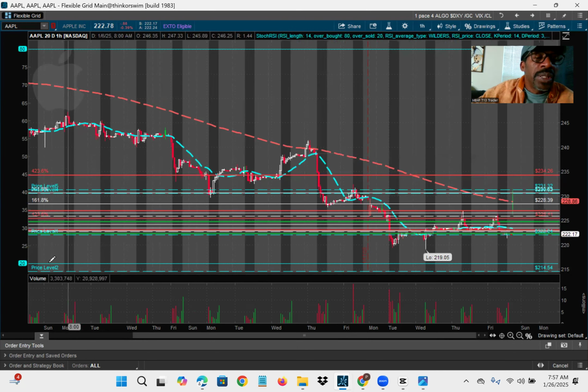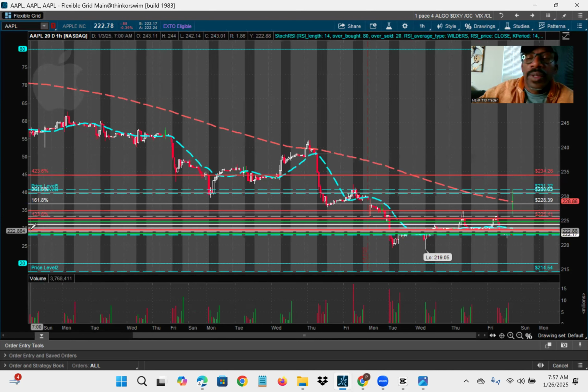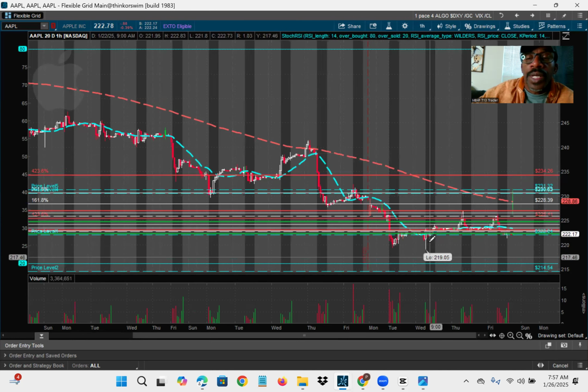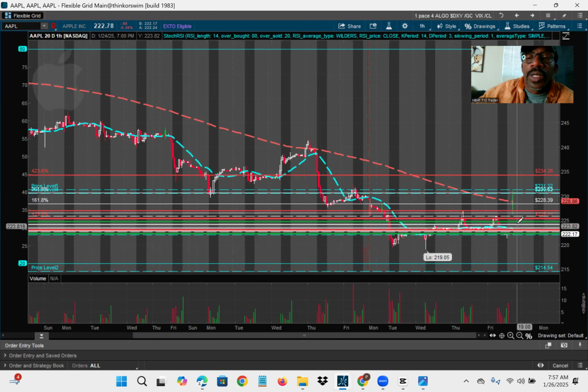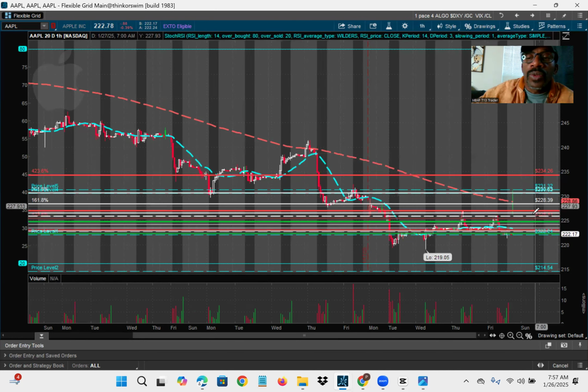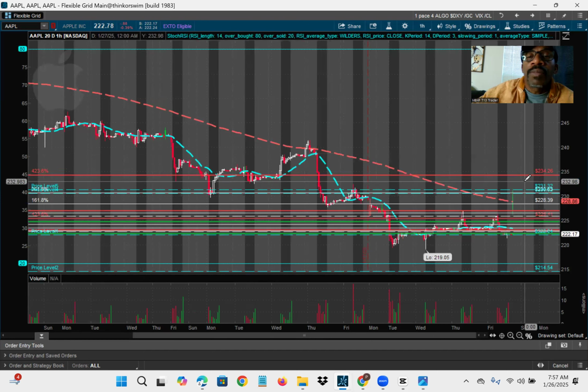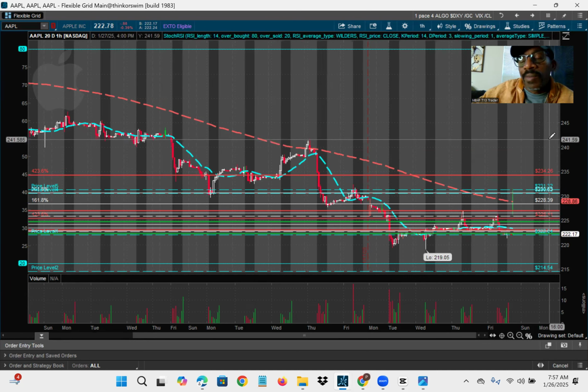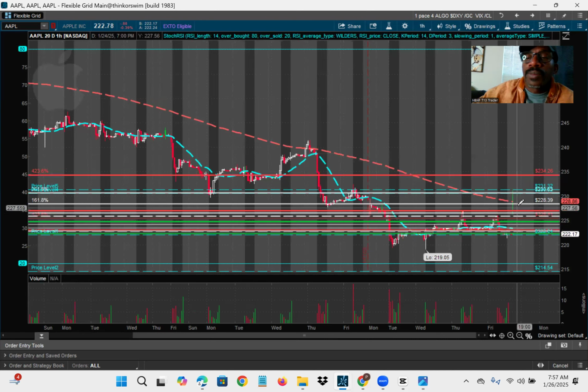To be honest with you, a higher probability if this 219 is the new low of support on Apple, it may go back and retest this area, it may be carried out in earnings, or it may wait to earnings to make this move.